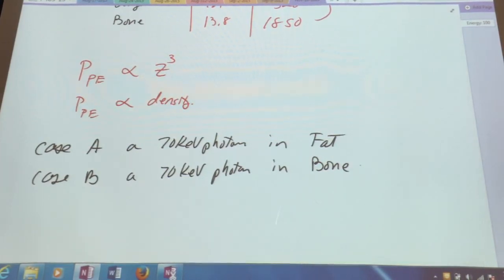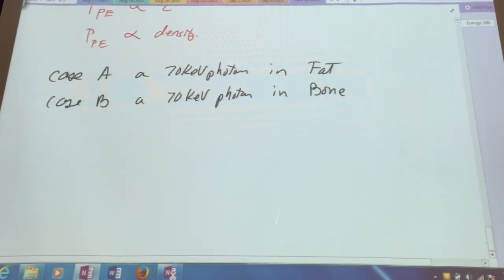Which one is more likely to be absorbed? The bone. Okay, so that was the easy part. How much more likely?